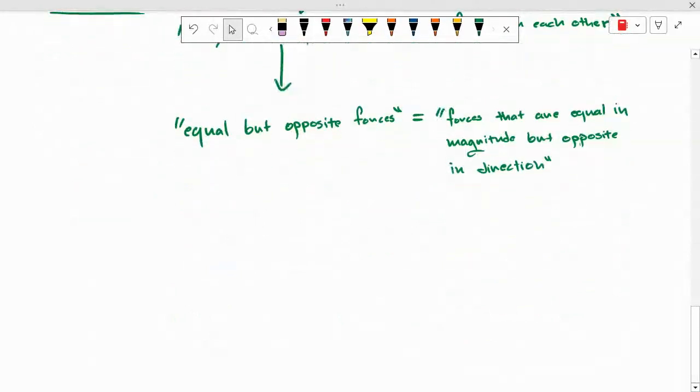All right. I want to do some illustrations of these various laws. Newton's first law illustrations.